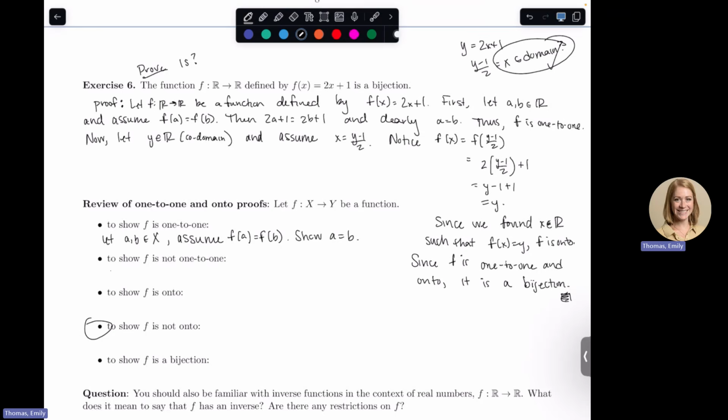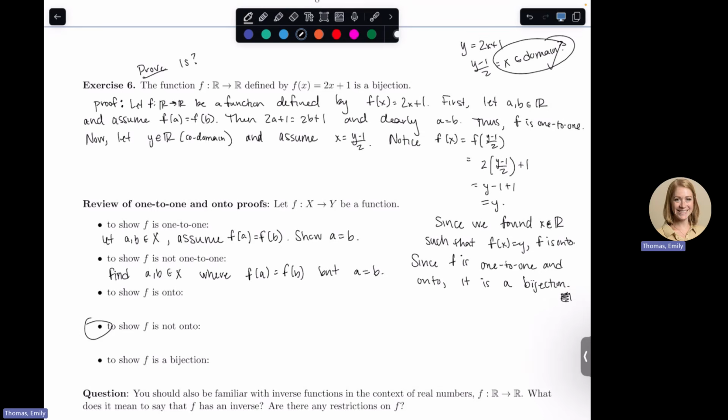Yeah, you would find an example. So find a and b where f of a equals f of b, but a does not equal b. Like x squared, right? You would do -2 and +2. f of -2 and f of +2 would both be 4, but -2 doesn't equal 2. Does that make sense? Okay.